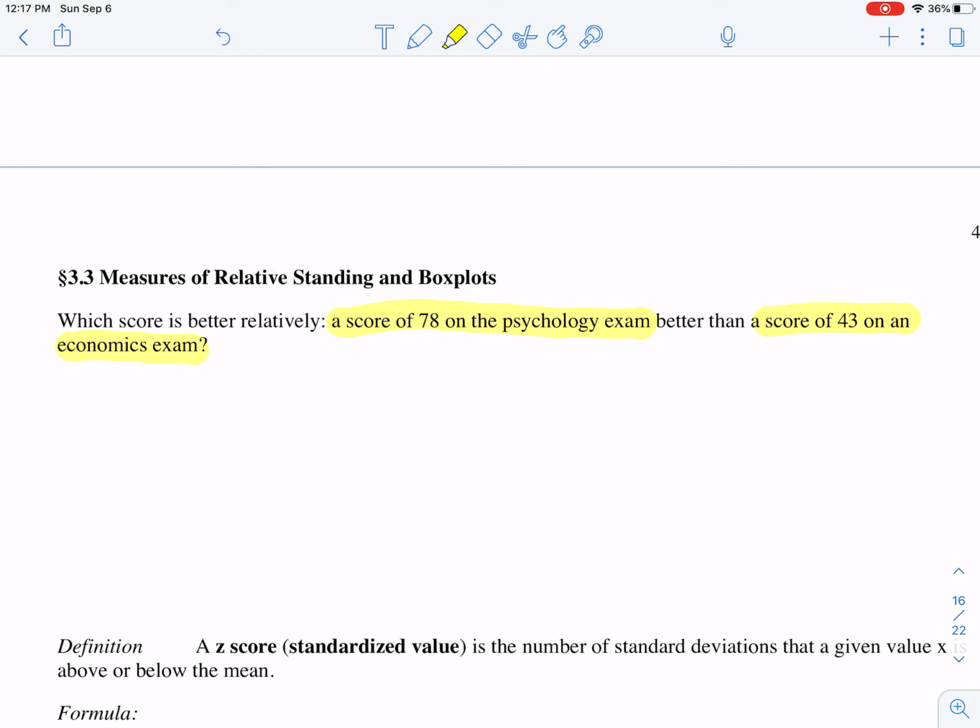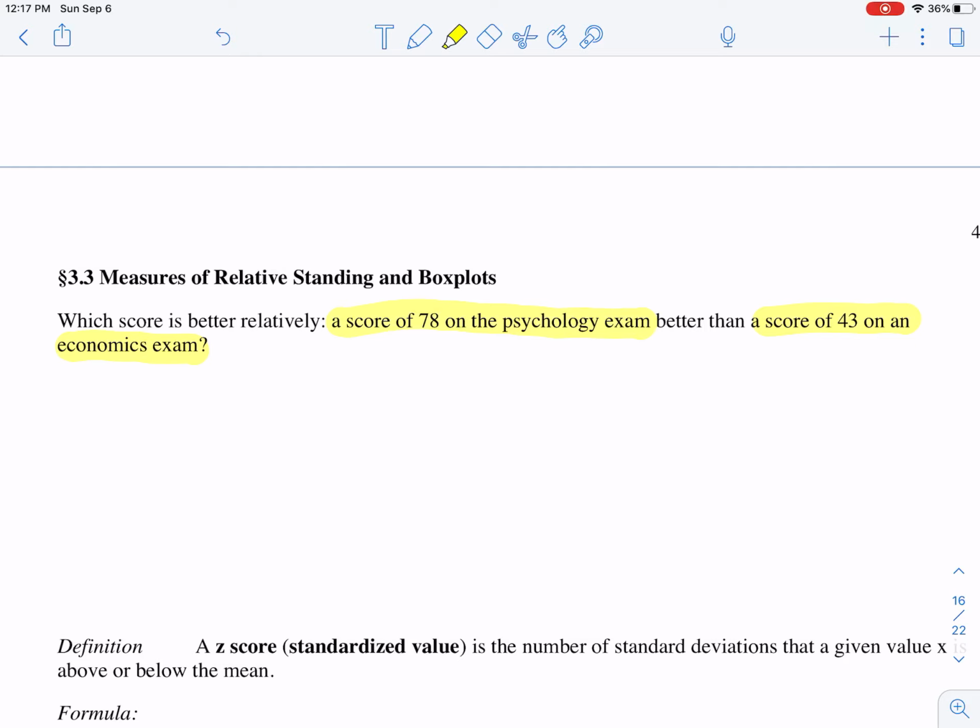But at the same time, a student can say, well, maybe 43 is better because economics is harder than the psychology exam. And then someone else might say that's not true, psychology is harder. So there's no telling which exam is harder or which score is better. All we know is the score. Are we assuming that 78 is a good score compared to 43?